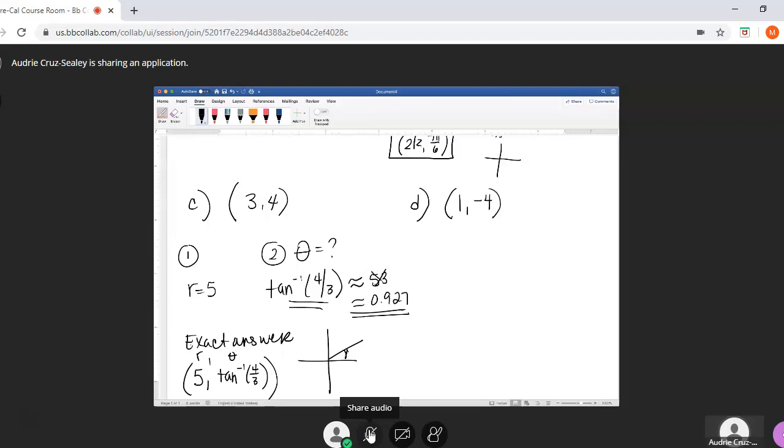Let's say that I have this one, and I want you to find it in polar form. So this is X and this is Y. This one's a little bit different. That's why I want to do a couple of examples so that you understand. Find R, because it looks like everybody's able to find R okay.